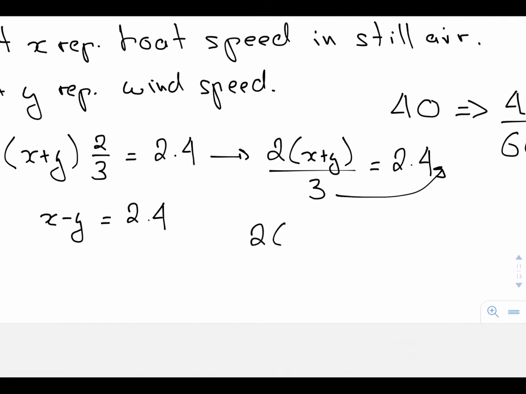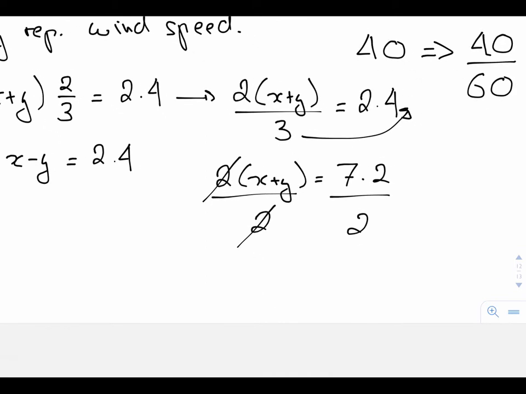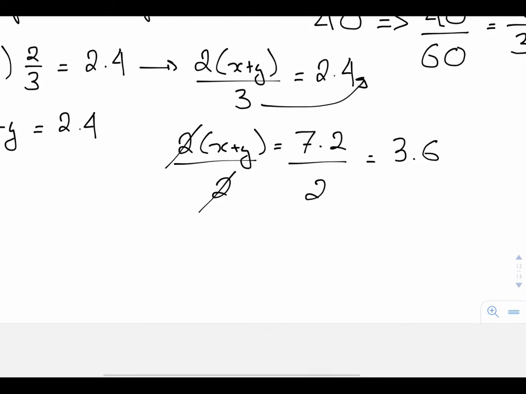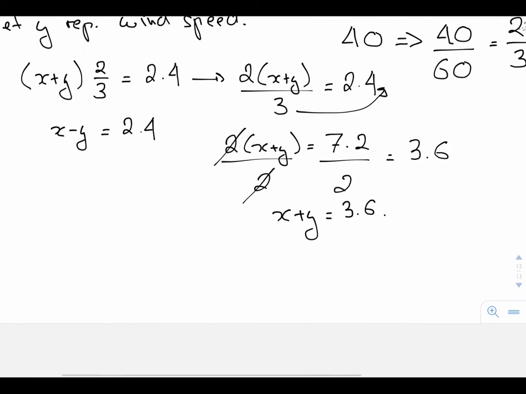So I have 2 times x plus y is equal to 7.2. And to simplify it even further, I'm going to divide both sides by 2. 2 goes into 7.2, and I'm left with 3.6. So this equation, once it's simplified without any fraction, becomes x plus y is equal to 3.6.